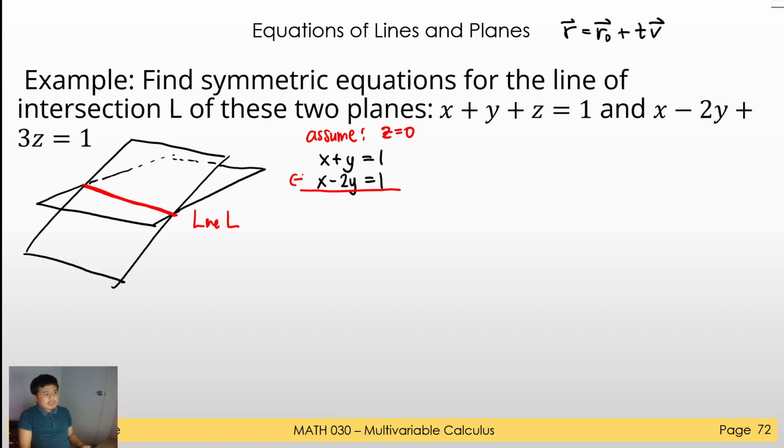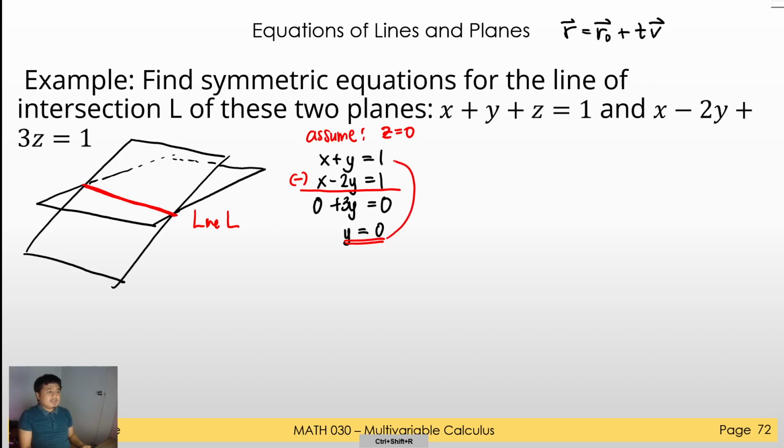I can subtract these two equations so that x minus x is equal to 0, and then y minus -2y is y plus 2y, so this will be 3y, and 1 minus 1 is equal to 0. Dividing by 3, y is equal to 0.